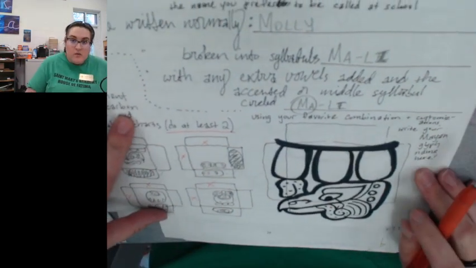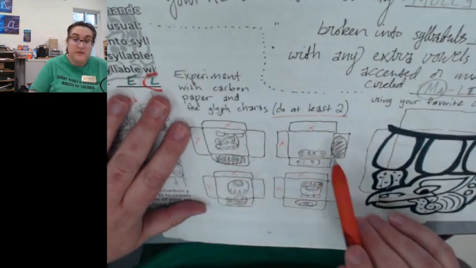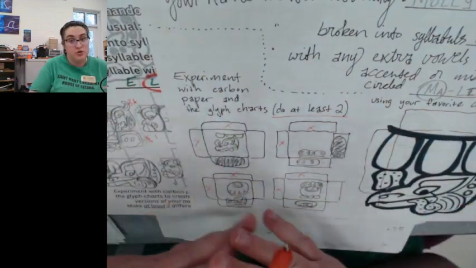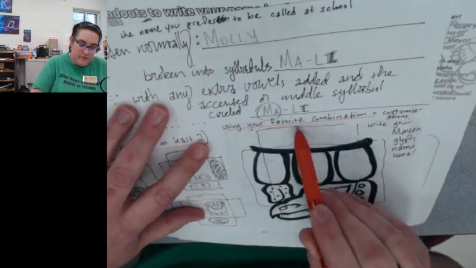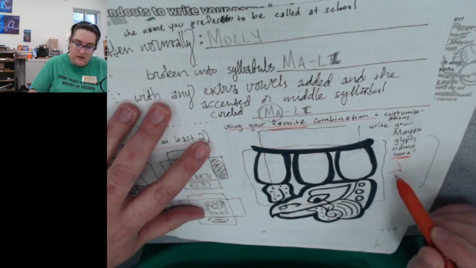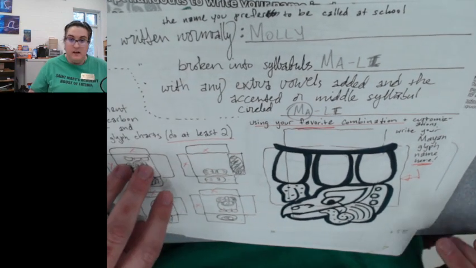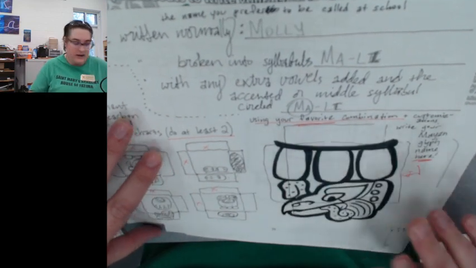So the big square is where I want you to take a look at all the different ideas and different ways you've tried mushing things together. And I want you to figure out what your favorite combination is and then write it over here nice and big. I made it real big over here so that you could draw it out.